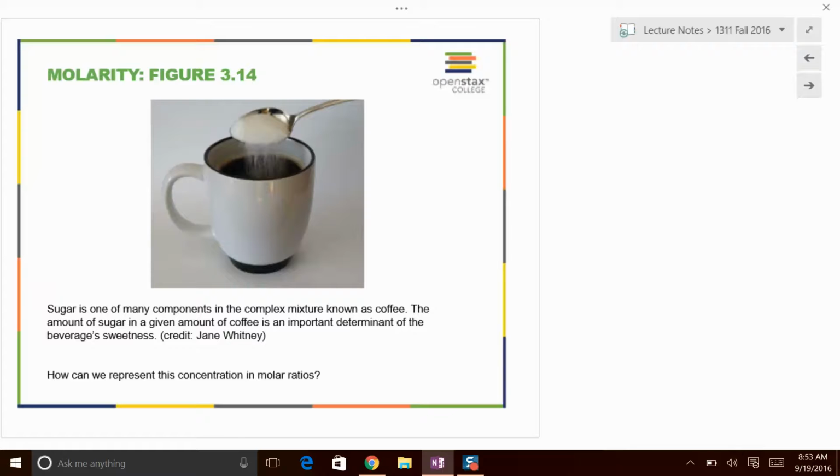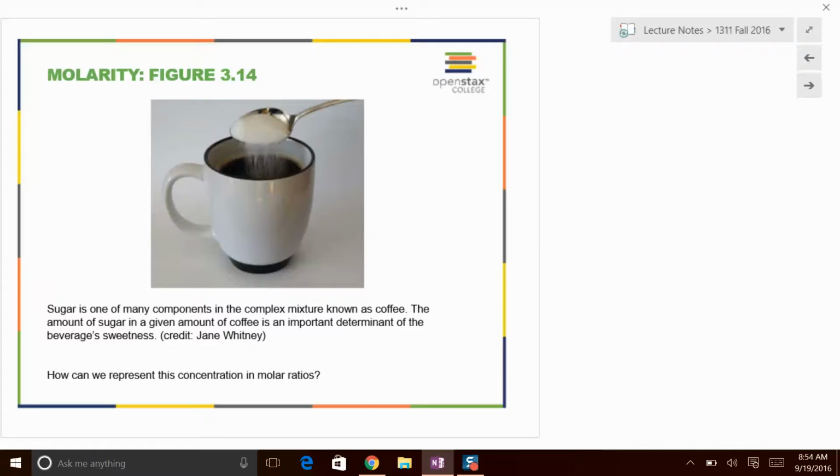I can add sugar to that thing all day, and it's just going to keep dissolving, and more of it's going to dissolve. And as I'm adding more and more sugar, what's happening to the concentration of the sugar in the solution? It's increasing, right?